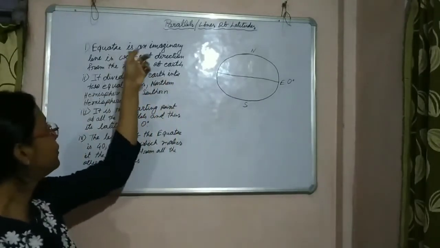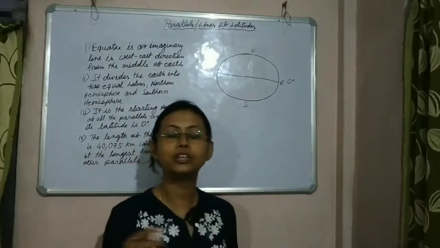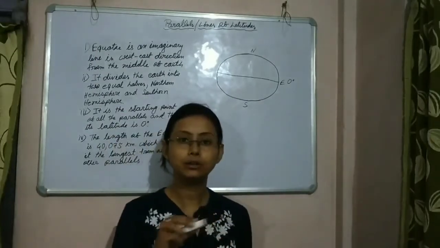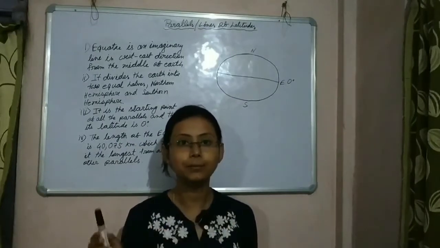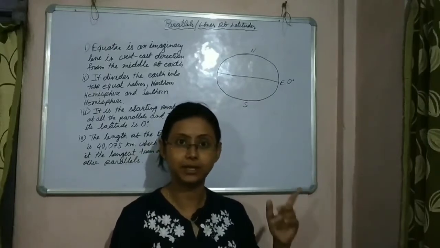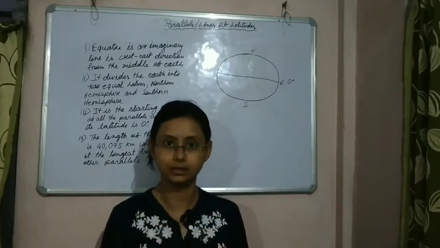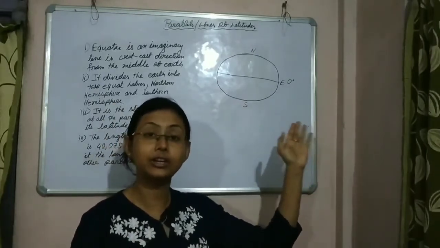The equator is also an imaginary line running from west to east, and it runs exactly through the middle of the earth. These are all complete circles. The equator is a complete circle, which means it surrounds the entire earth.